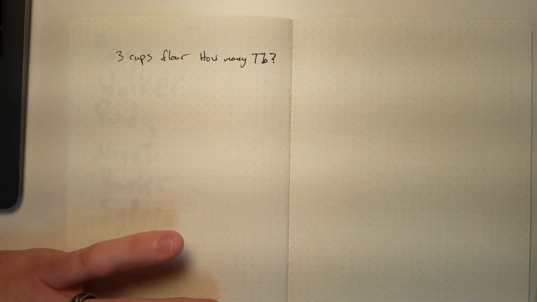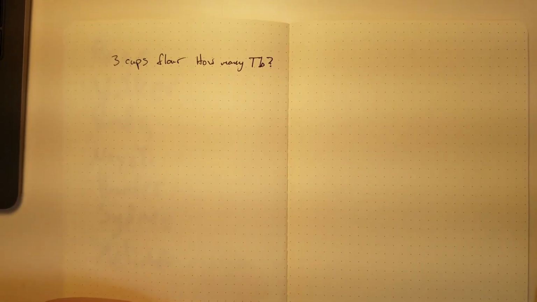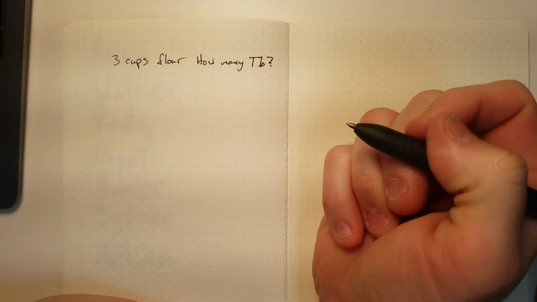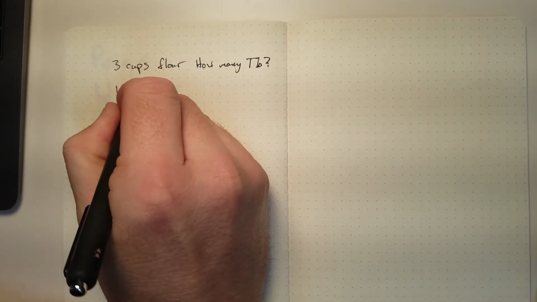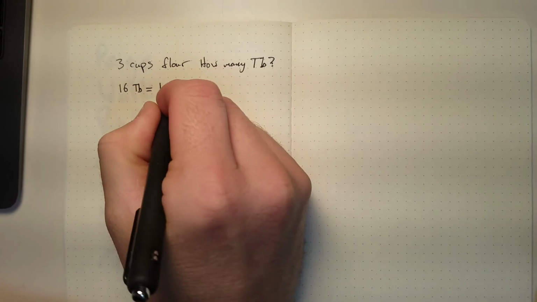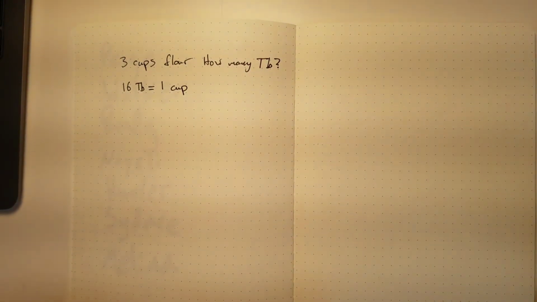What you're going to want to do is figure out what the equivalent number of tablespoons there is for a cup. And in case you don't know, it's 16, I believe. So 16 tablespoons equals 1 cup. This right here is our equivalent amounts.